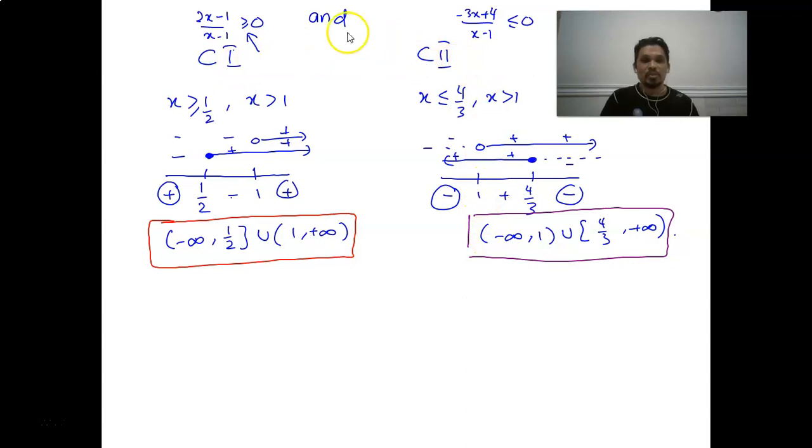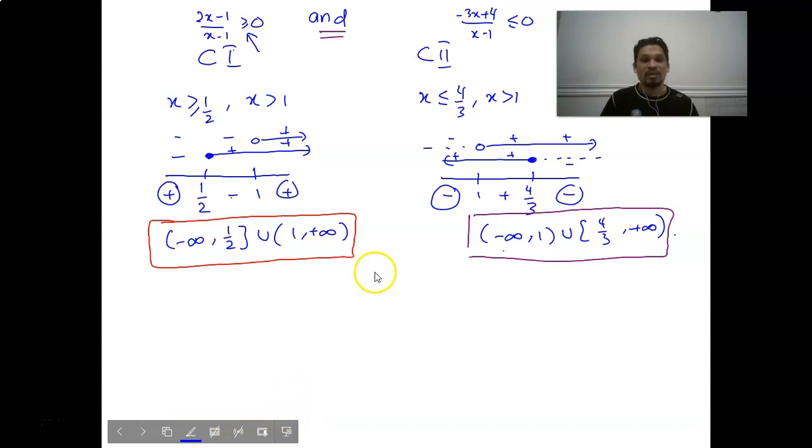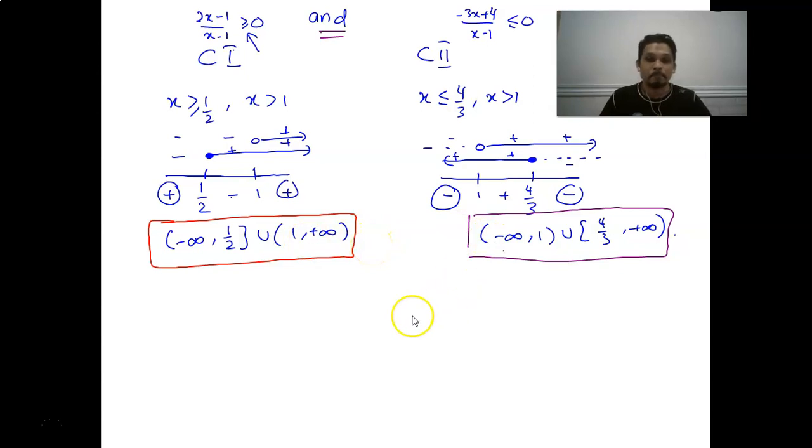Between case 1 and case 2, we are going to combine them together, bring these two solutions into one number line, and we are going to finalize to find out where these two solutions intersect each other. Okay, so bring this here and also here. So what we have here right now, 1 over 2, 1, and 4 over 3.